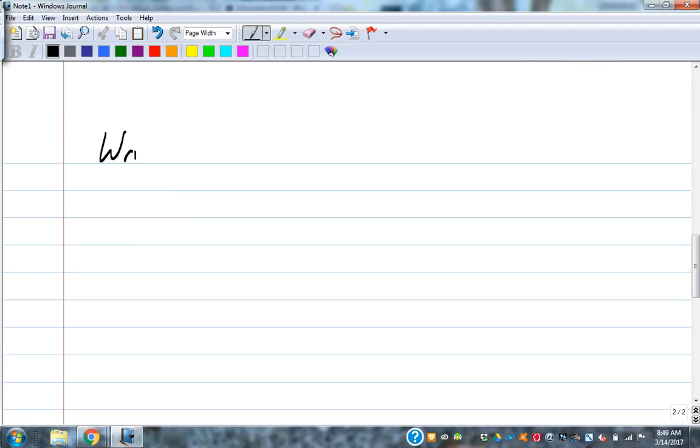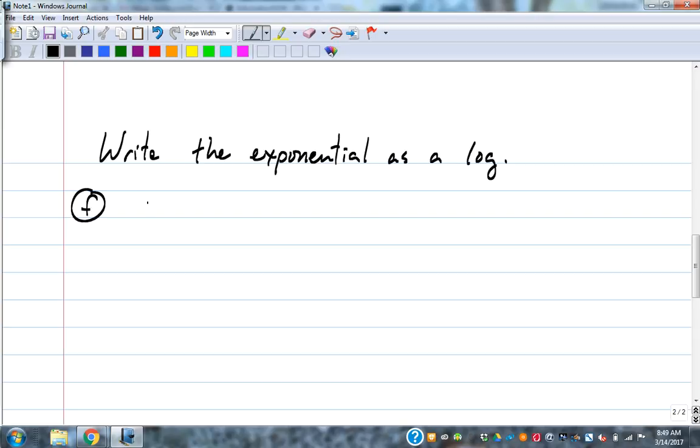So write the exponential as a log. Well, 3 to the x equals 27. So we're not solving this equation. We're rewriting it as a logarithmic equation. Okay.